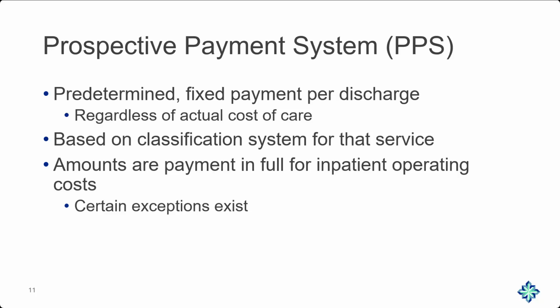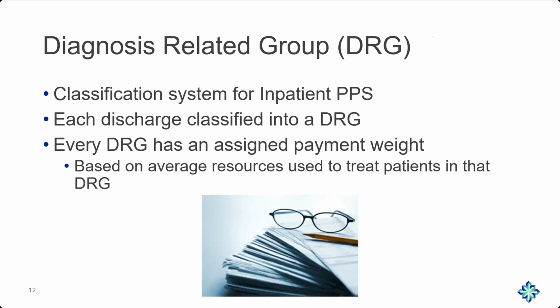The amounts are, with certain exceptions, payment in full to that hospital for inpatient operating costs. Under IPPS, each case is categorized into diagnosis-related groups, or DRGs. So that's the next term that we're going to define.